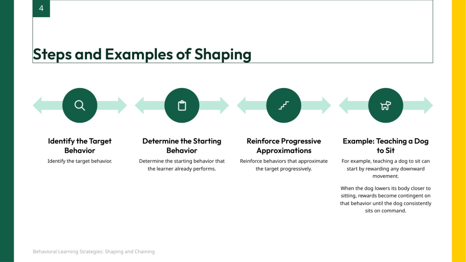As an example, when teaching a dog to sit, we might start by rewarding any downward movement the dog makes. Then, we only give rewards when the dog lowers its body even more towards sitting. Eventually, the dog learns to sit on command because the rewards are linked directly to that behavior. This step-by-step reinforcement is what makes shaping such an effective learning process.